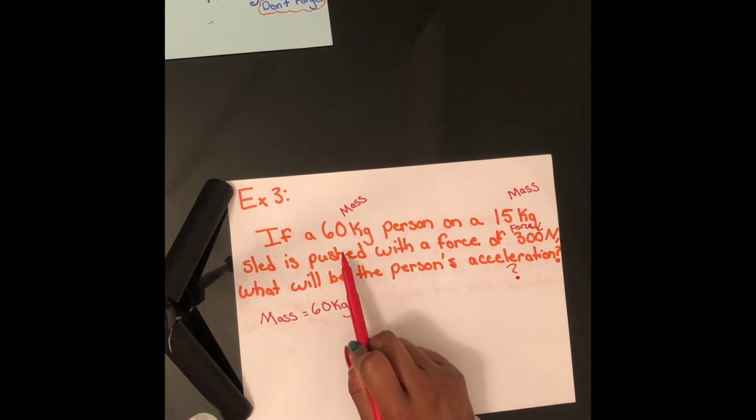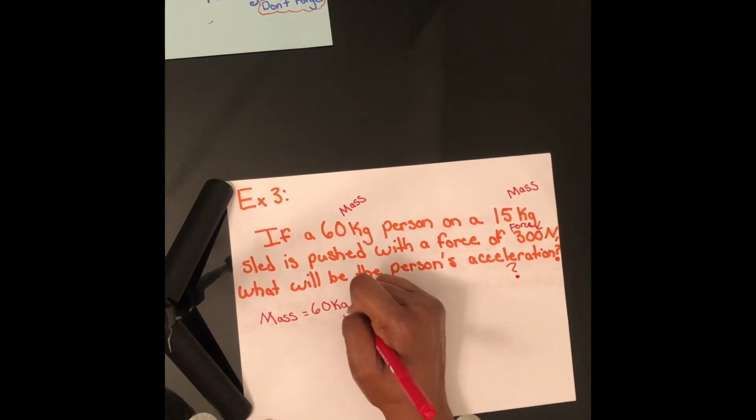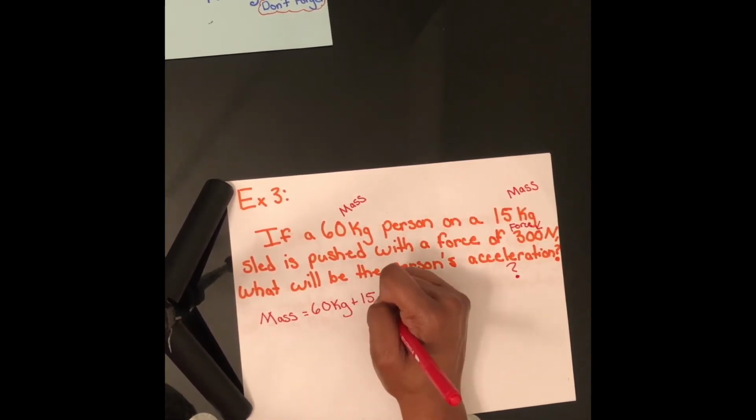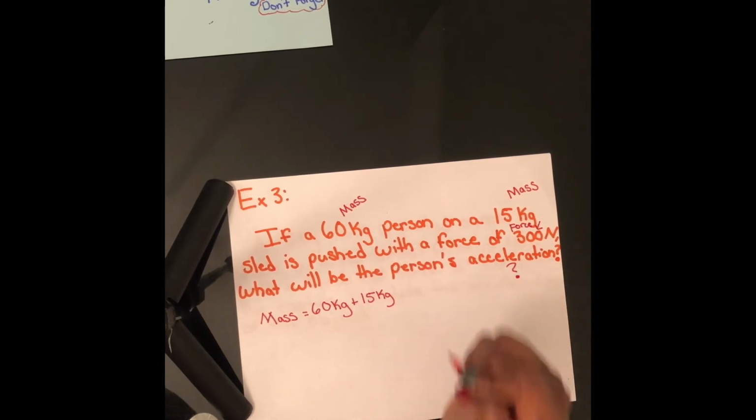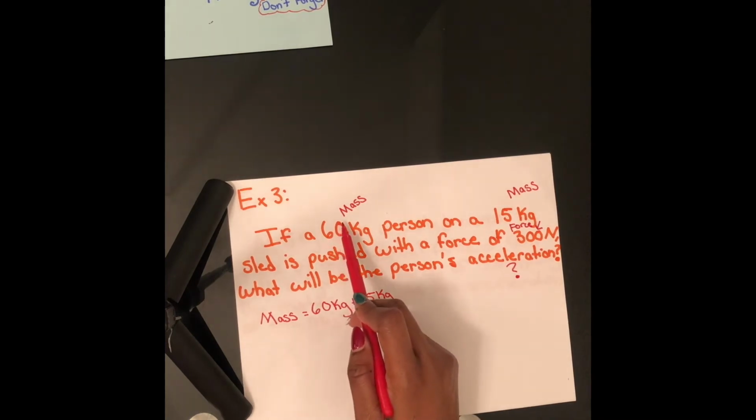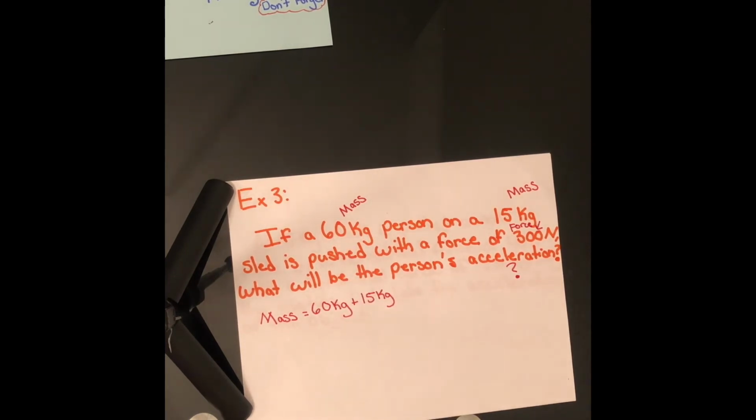That's going to be 60 kilograms added to 15 kilograms. Because the problem didn't say that one person pushed a person and then the other person pushed a kilogram. They said if a 60 kilogram person who's sitting on a 15 kilogram sled is pushed with a force of 300 newtons, what would be the person's acceleration?